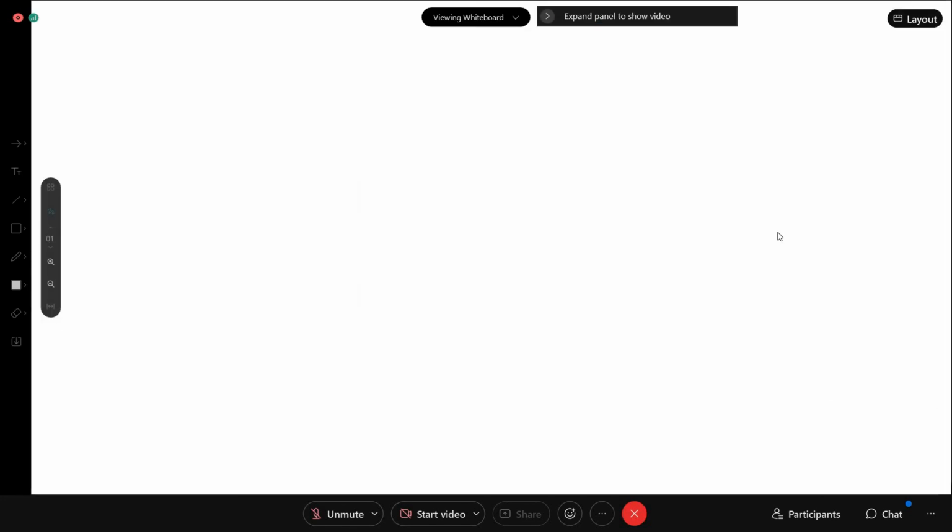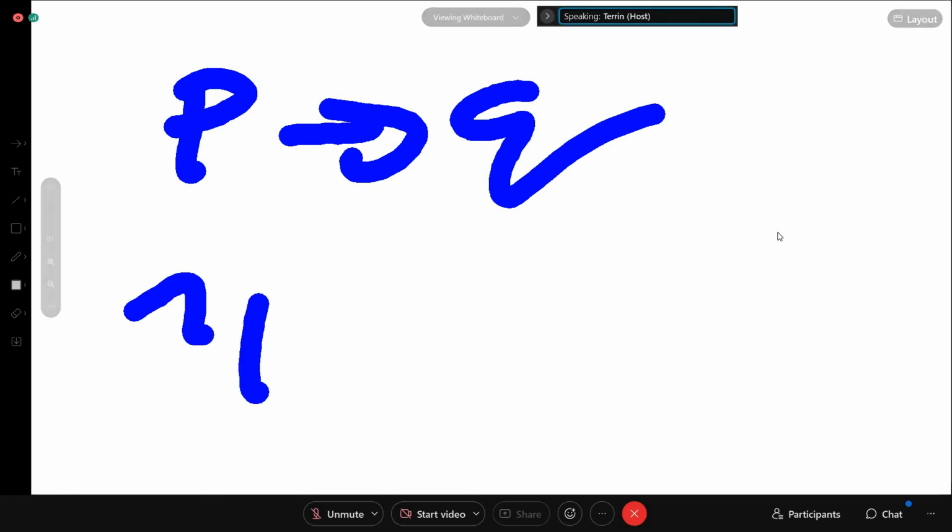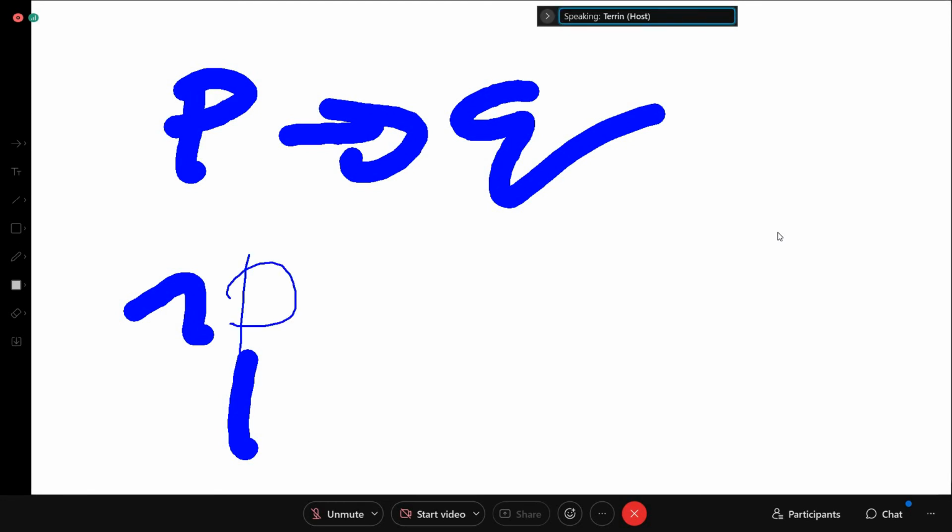So in the original form of contradiction, we say that P implies Q, right? So for contradiction, we have to assume negation of P is true, right?